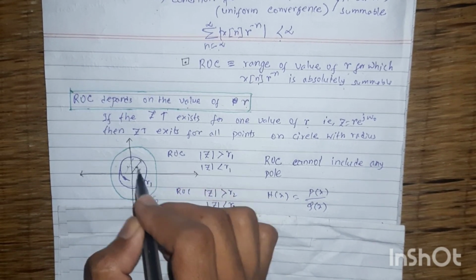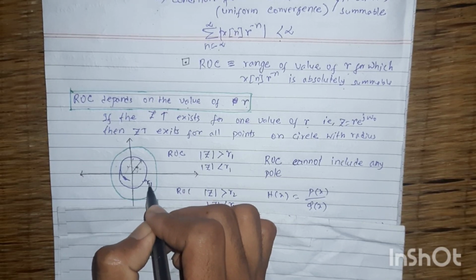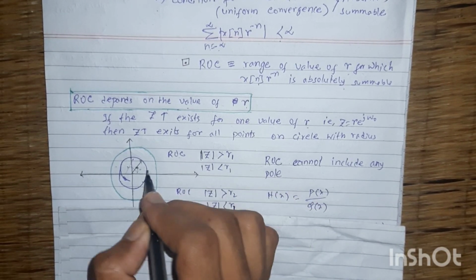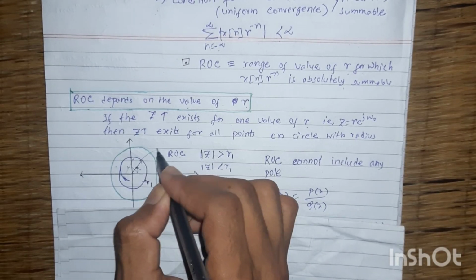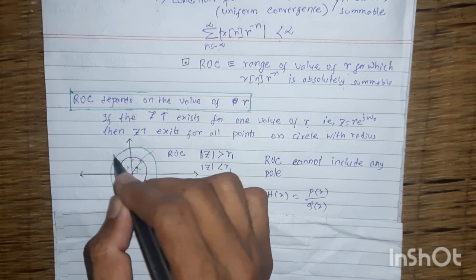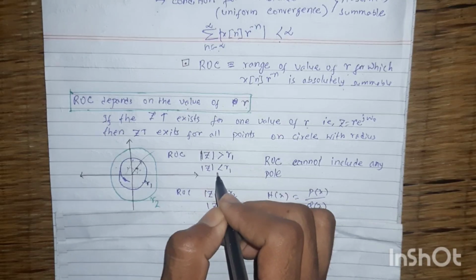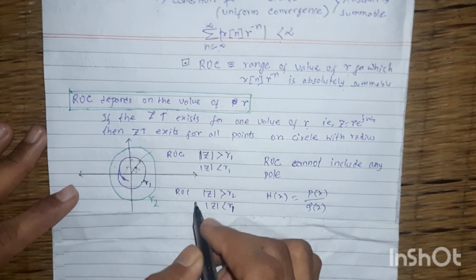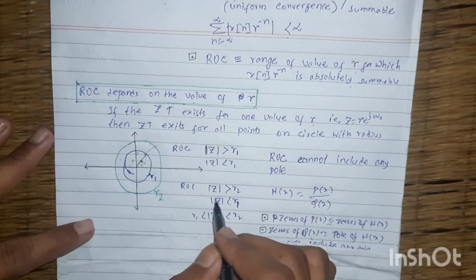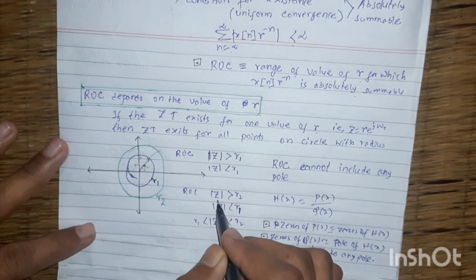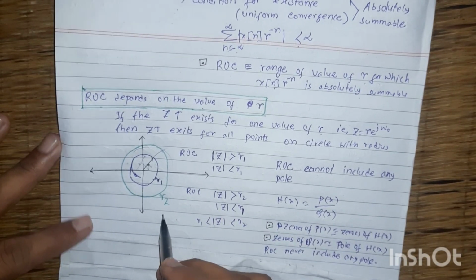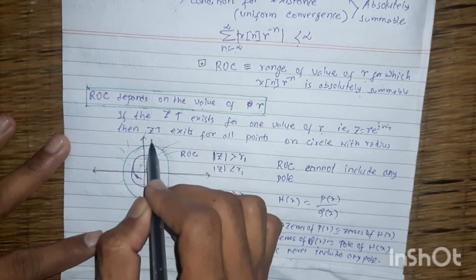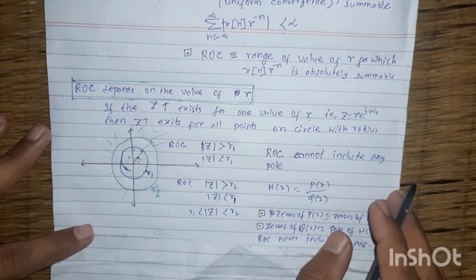Suppose this is the circle R1. Here the ROC can be modulus of z greater than R1, which means the entire z plane except the inside of the circle. Modulus of z less than R1 means inside this circle. Similarly, in case of another circle, this green circle, modulus of z greater than R2 means the entire region except this big circle will be the region of convergence.